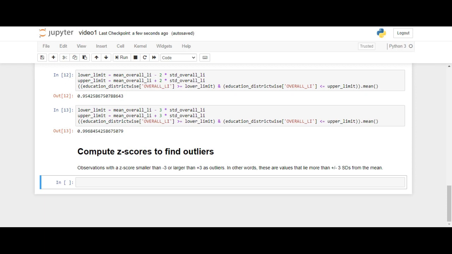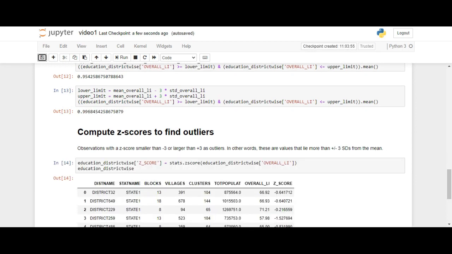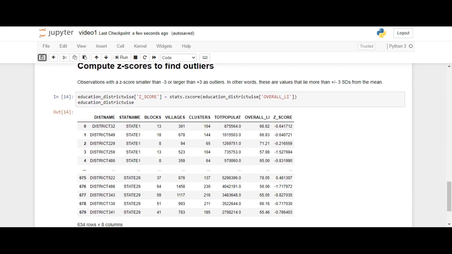However, if I tell you the literacy rate has a z-score of 2, then you know that the value is 2 standard deviations above the mean. Typically, observations with a z-score smaller than -3 or larger than +3 are outliers. These are values that lie more than 3 standard deviations below or above the mean.